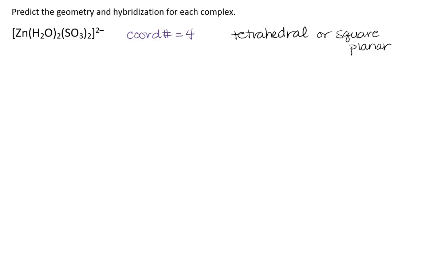In this example, we can actually take that one step further. If we take a look at the noble gas orbital diagram for zinc, we have argon, 4s, and 3d. If we fill in the electrons for neutral zinc, we would have 4s2 and 3d10.